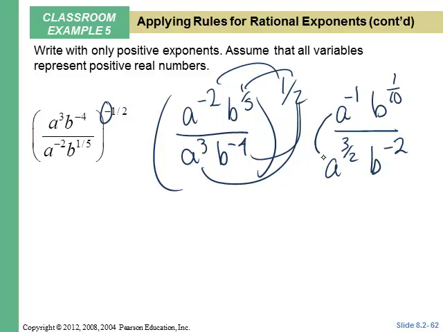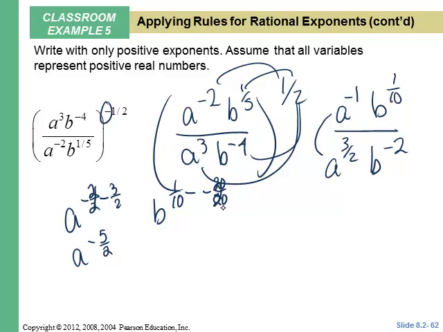So now we're going to subtract. This is negative 1 minus 3/2. This is 2/2. Negative 2/2 minus 3 more halves is a to the negative 5/2. b is to the 1/10 minus negative 2, which is the same as plus 2, and let's make this 20/10.